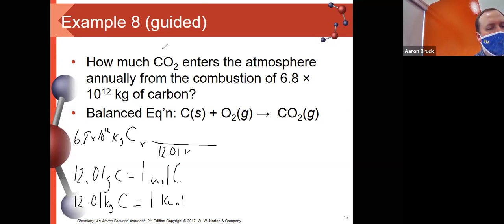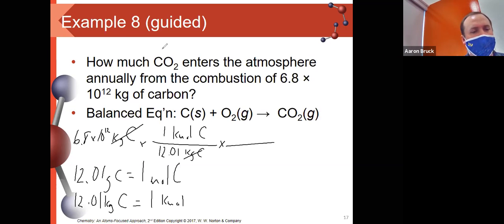12.01 kilograms of carbon and 1 kilomole of carbon. That'll get rid of my kilograms. My mole-to-mole ratio is 1 to 1 to 1.